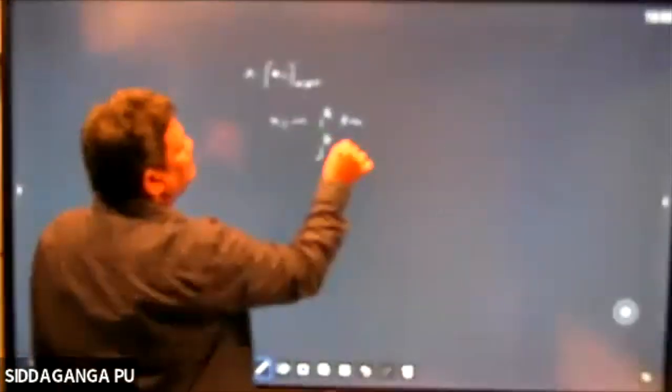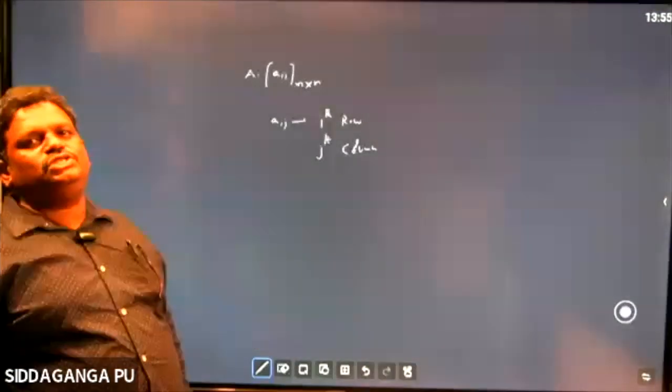Now what is the position of the element Aij? It lies in the ith row and jth column. Aij is the position of the element in the given matrix, representing the ith row and jth column.